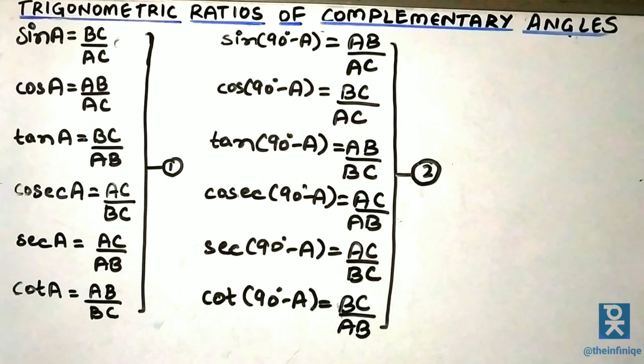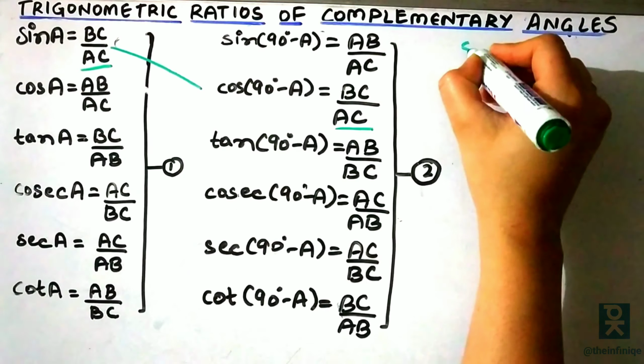So from this we can find out that the RHS of some equations of first and second are equal, like sin A is equal to BC upon AC and cos of 90 degrees minus A is equal to BC upon AC.